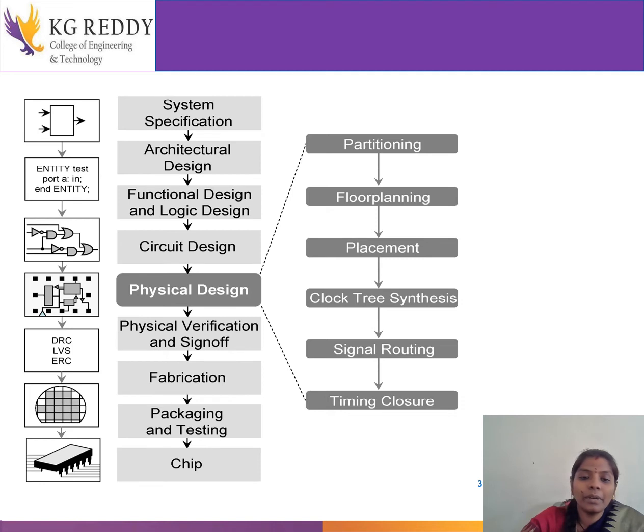After packing, we also check whether the design is working as it was before, then we say that the testing is properly approved, and then we go for chip approval. Okay, this is all about the VLSI design flow.